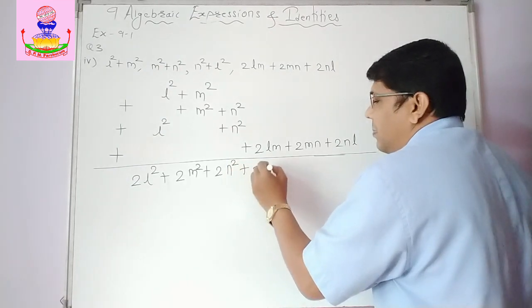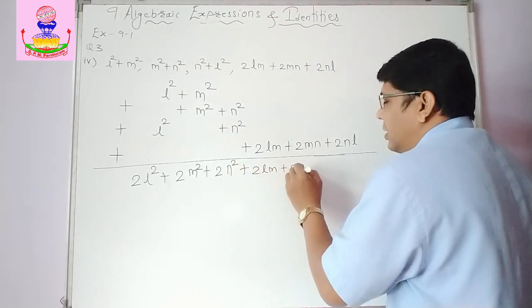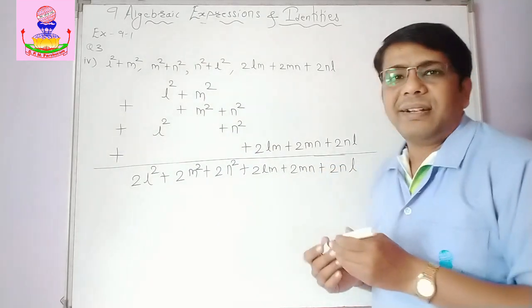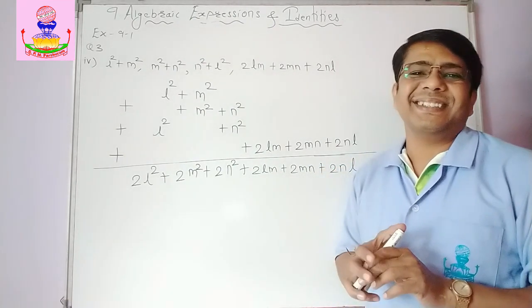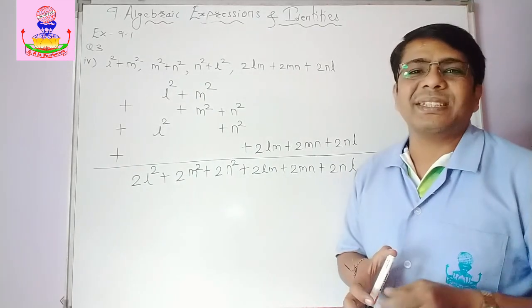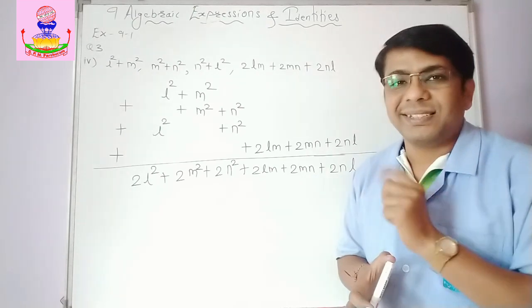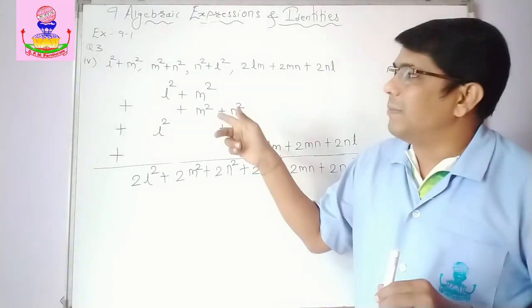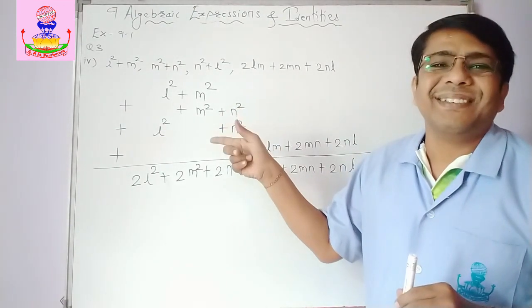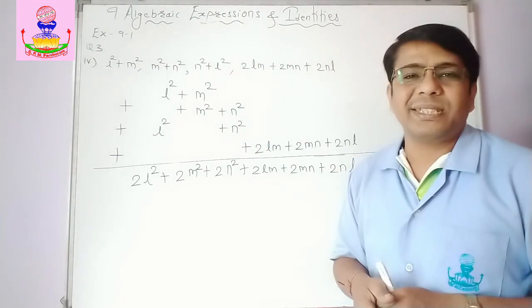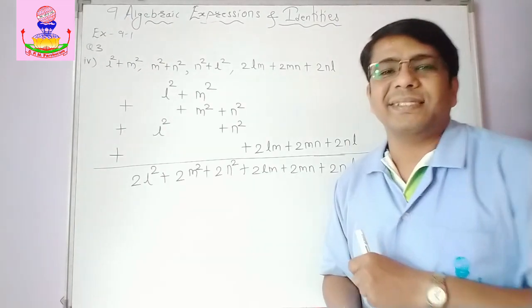Okay, so plus 2lm plus 2mn and plus 2nl. That is the answer. Now let's move to question number 4, subtraction. So I think you understood this. Now what you have to do, the remaining examples, first and second, will be homework.